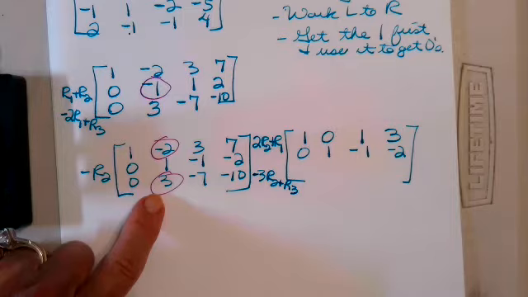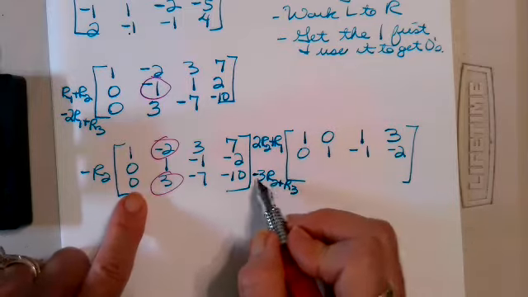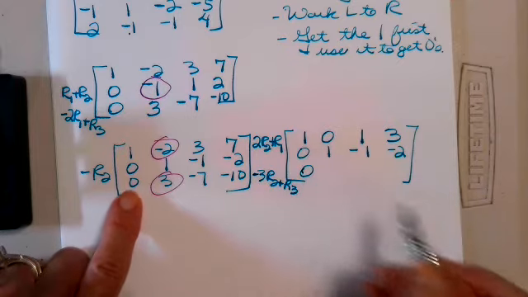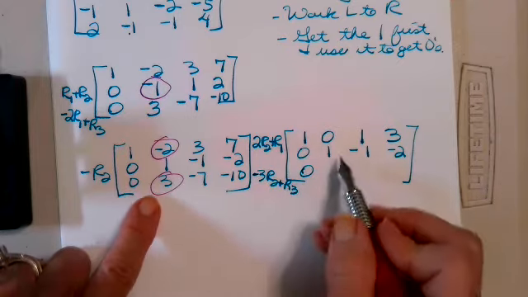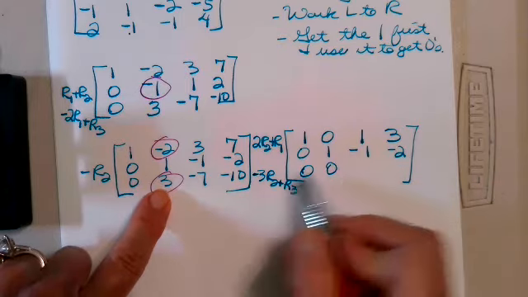Okay. Hope you can see that when you look back at this. So when I do this now, I get 0 times minus 3 is 0. Add it to 0, I get 0. Minus 3 times 1 is minus 3, and plus 3 is 0.